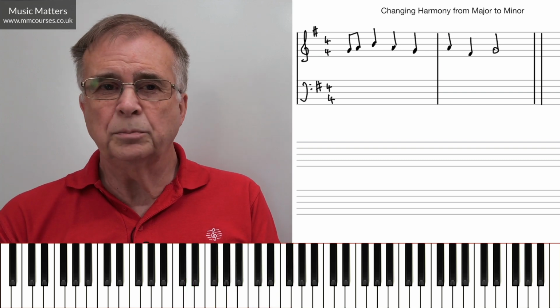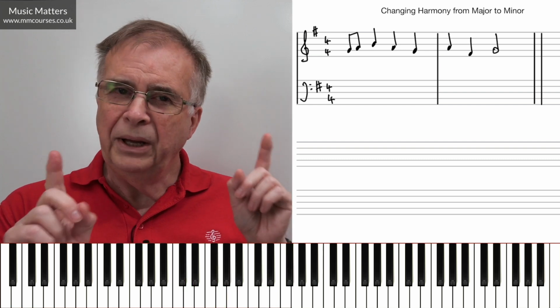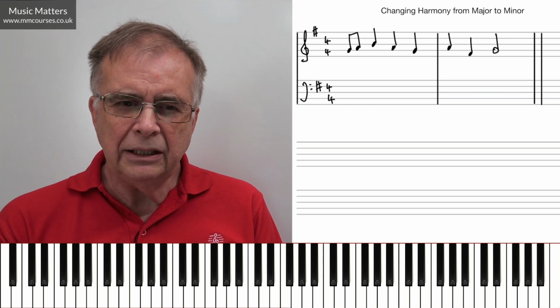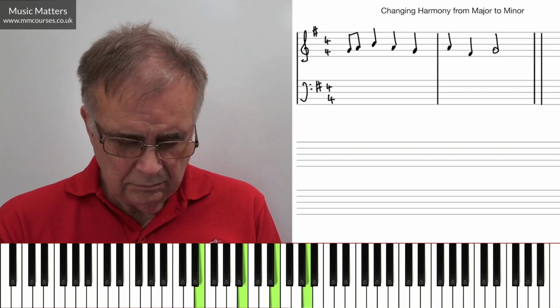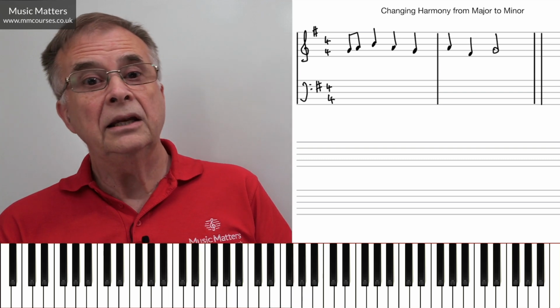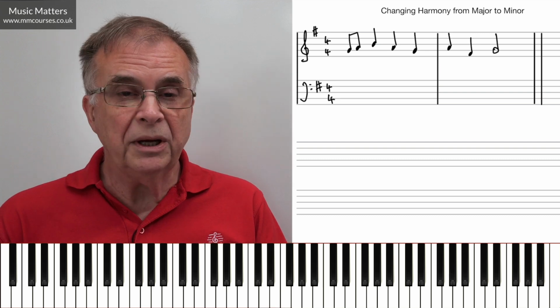And it certainly sounds perfectly well in G major. But consider the possibility that it might be in E minor. And then when you hear it that way, sounds perfectly good.